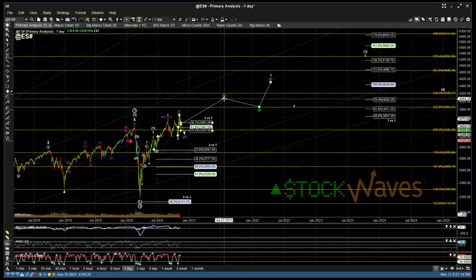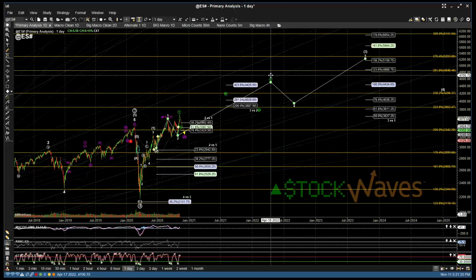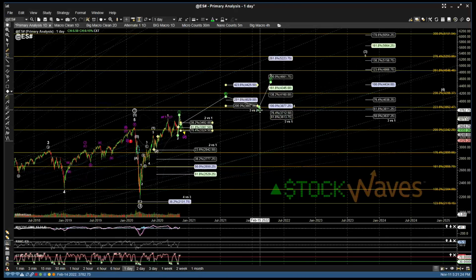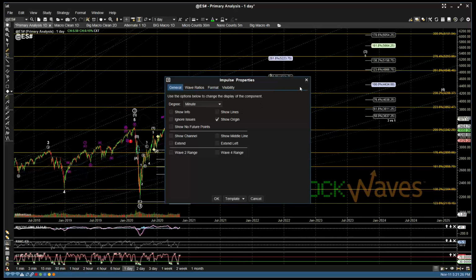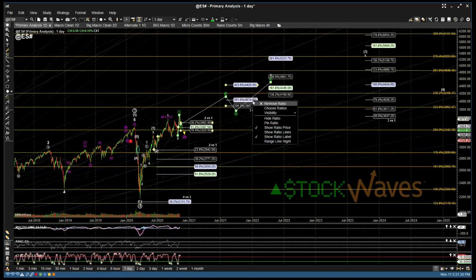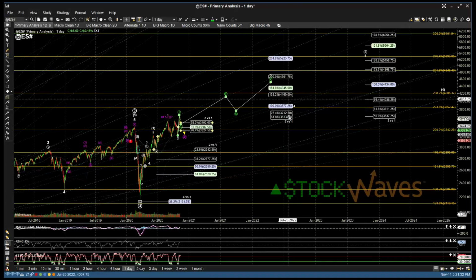And then this can probably come based on its own. That looks pretty good. And we'll add the pips here for a second. So right around the 4,000 region would be ideal after that retrace.